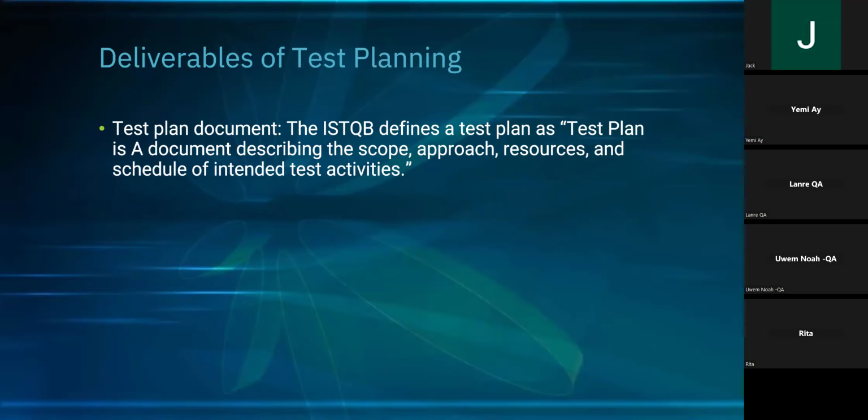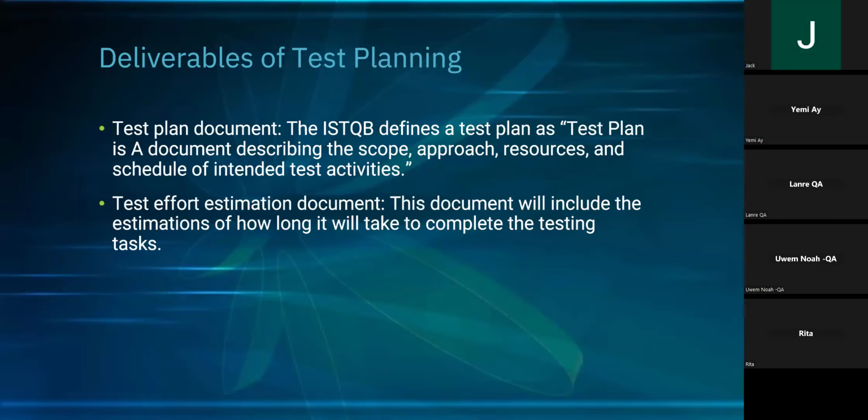A test plan is a document describing the scope, approach, resources, and schedule of intended testing activities. The test effort estimation document will include estimations of how long it will take to complete the testing tasks. So that's the deliverables.